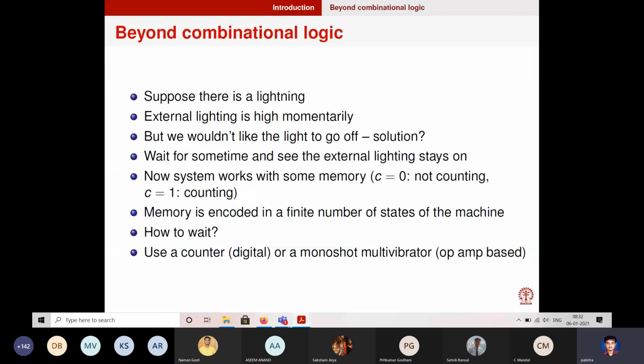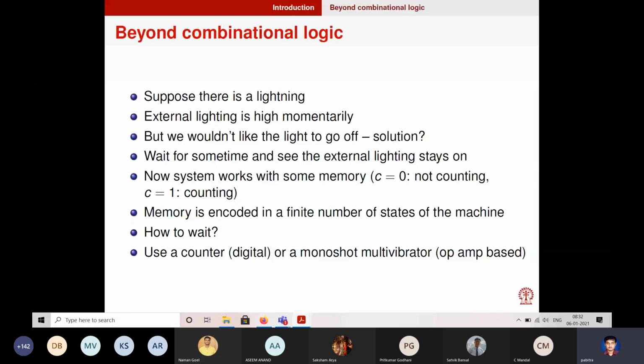But that is enough for our purpose, because we are just interested in how long we have enough light outside. Okay, so you can design such a system. We said that these states change at some time interval. This can be represented using what is called a counter, a digital circuit, which you'll see how to do.